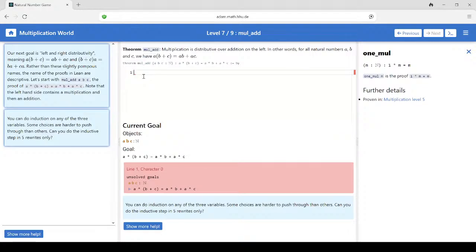Watch me jinx it. Oh goodness, what is... Our next goal is left and right distributivity. I can read. Distributivity, meaning A times (B plus C) equals AB plus AC, and (B plus C) times A equals... Hang on, I'm tripping over myself.